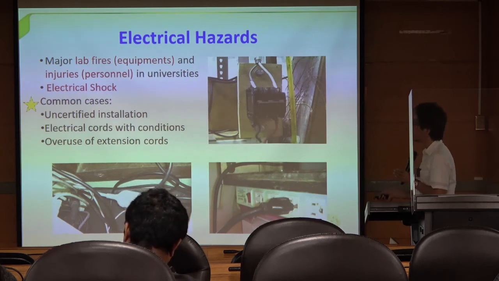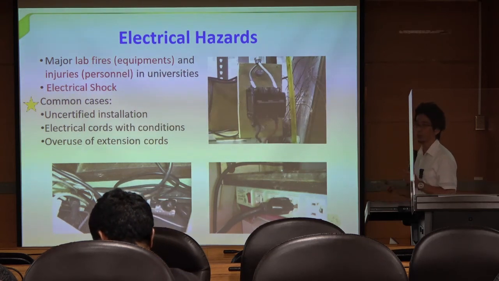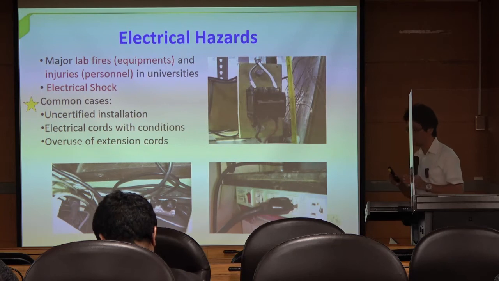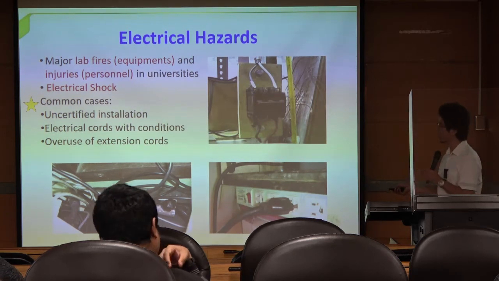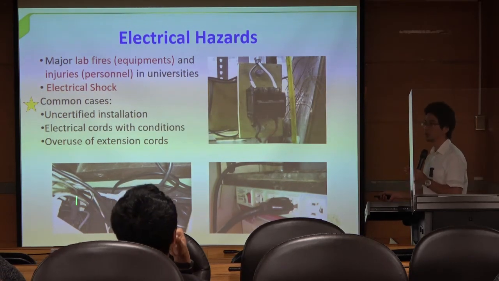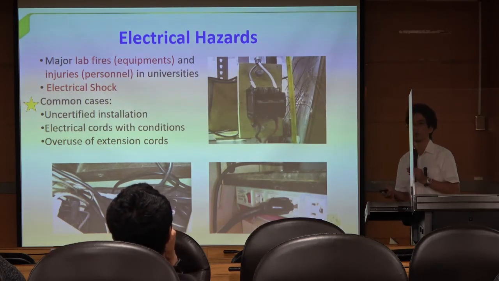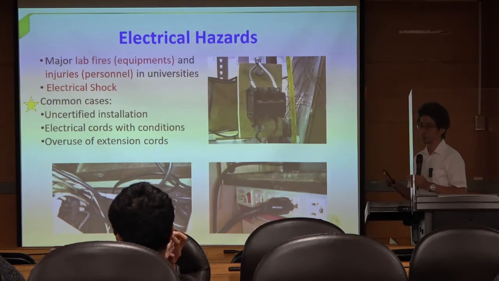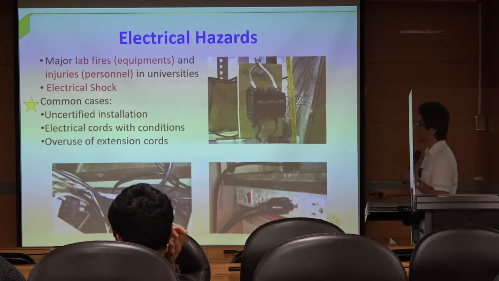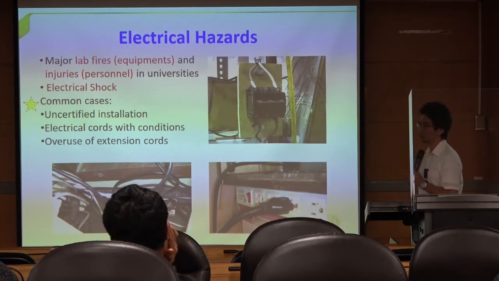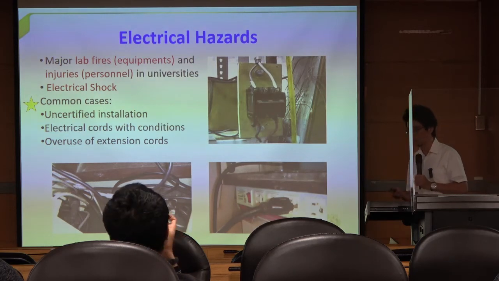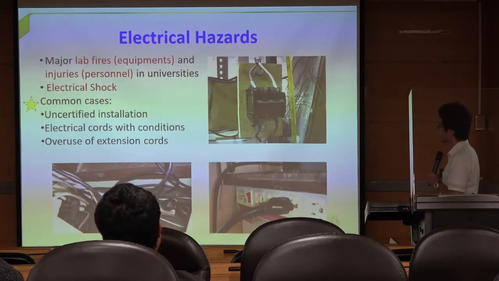But in the dormitory, I think it is okay because your usage of electricity is not so extensive compared with the laboratory use. In the laboratory, equipment usually consumes more electricity. So if those equipment are operated simultaneously, the extension cords are overused, then a fire will start, and maybe your laboratory will be damaged.